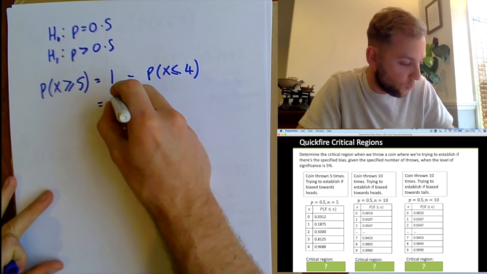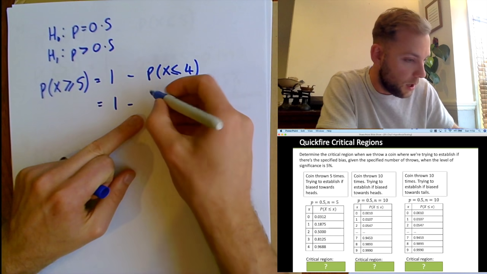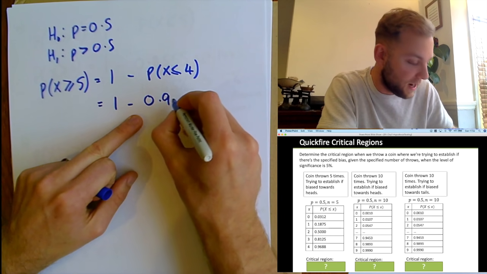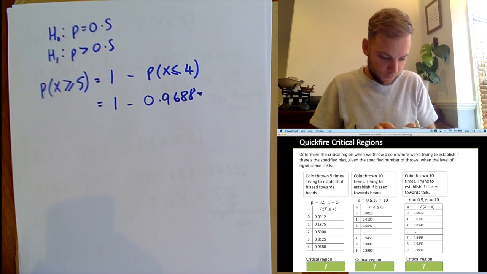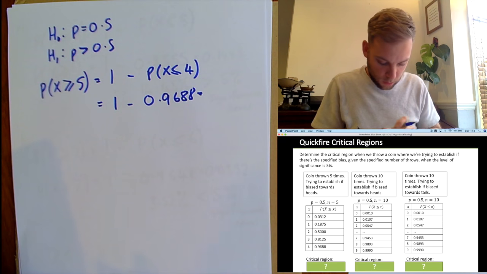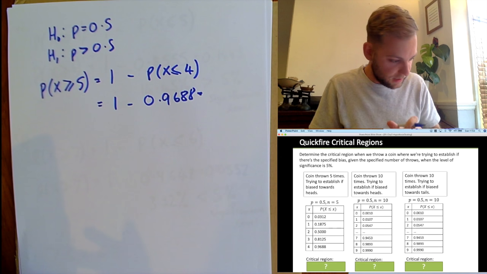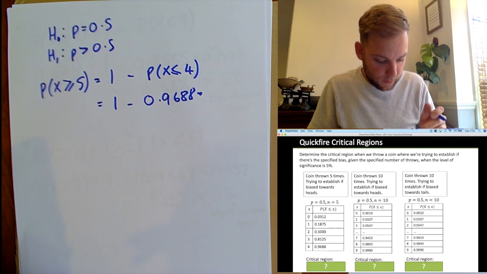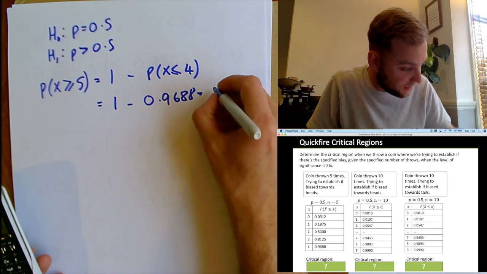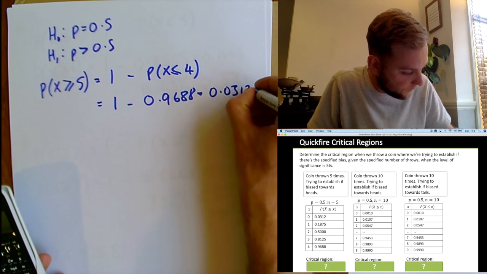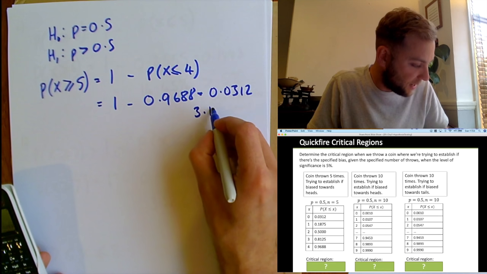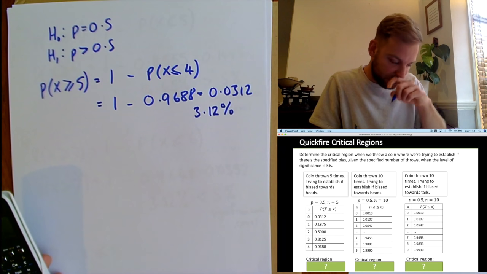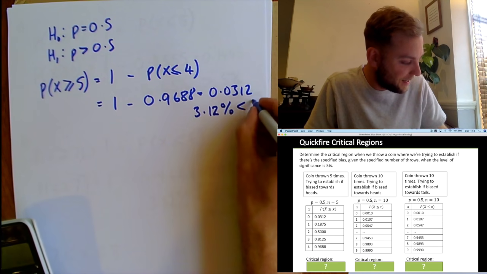So this is equal to 1 minus 0.9688, which is equal to 0.03. So that's the first one that goes below 5%, and actually the percentage is 3.12%, which is less than 5%.